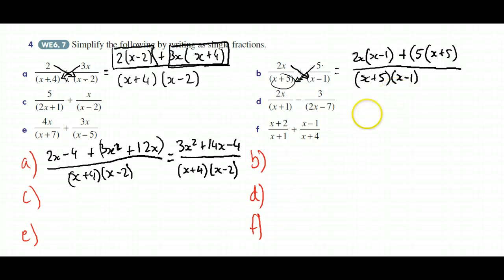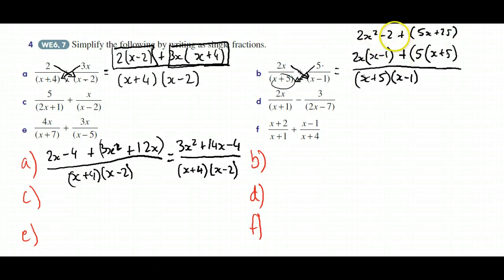Okay, now when we simplify that, let's do it up here so we'll save a little bit of room down the bottom. So this will become 2x squared, and 2x times negative 1 is negative 2x, and then we'll be adding, we'll leave it in brackets for the moment, 5 times x, plus 5 times 5, which is 25.